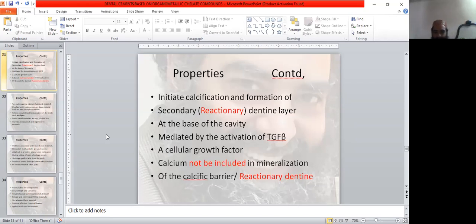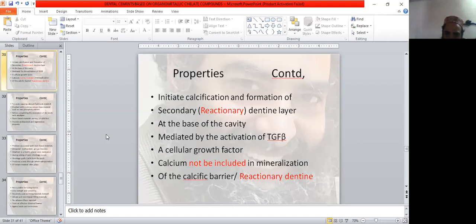At the base of the cavity, a secondary or reactionary dentine layer can be produced, which is mediated by the activation of TGF beta. TGF beta is transforming growth factor beta, a cellular growth factor.